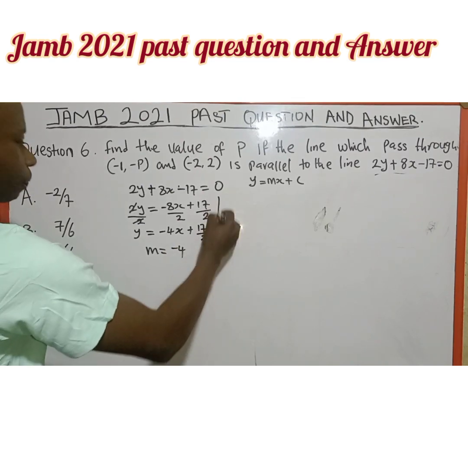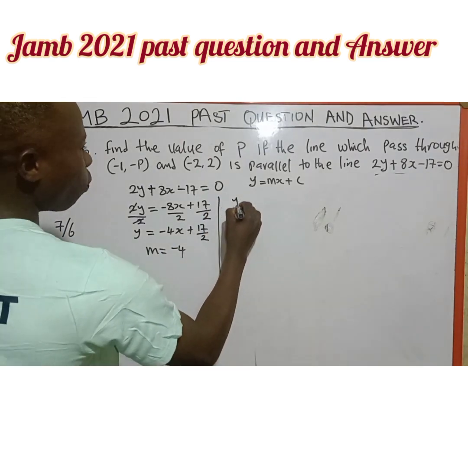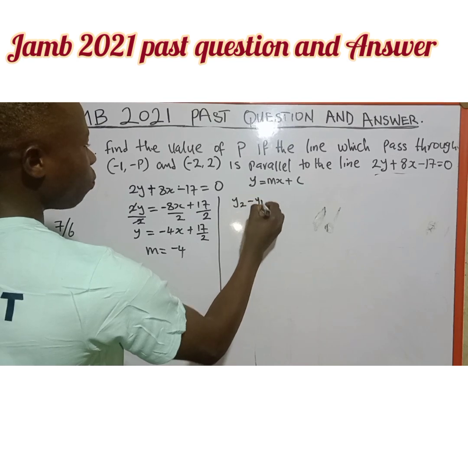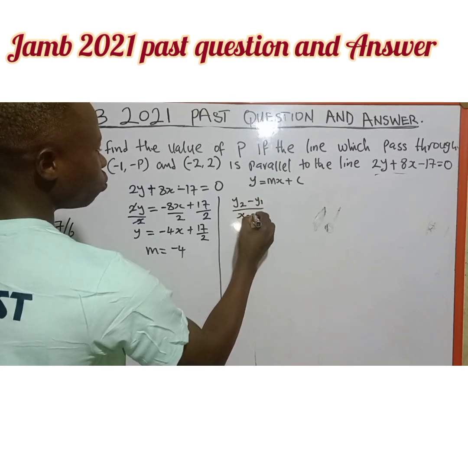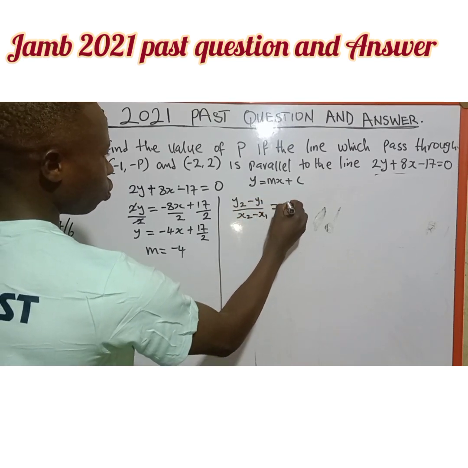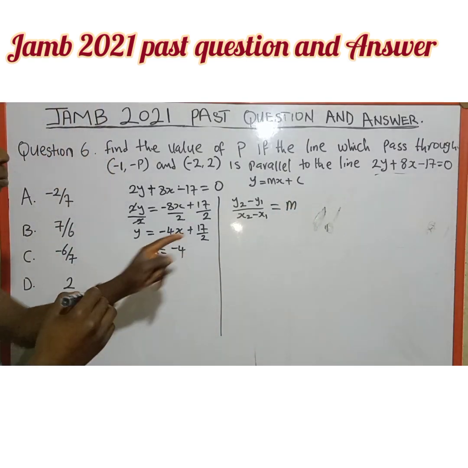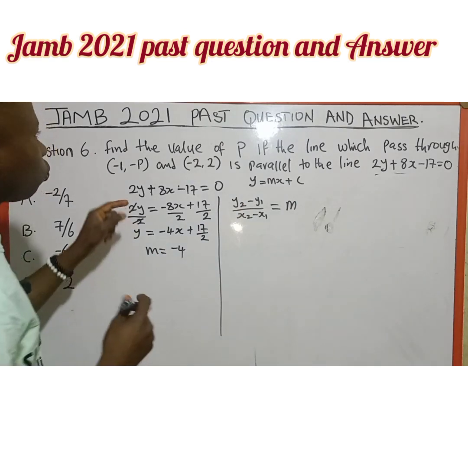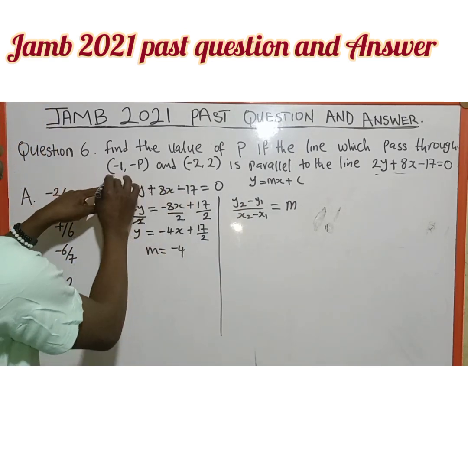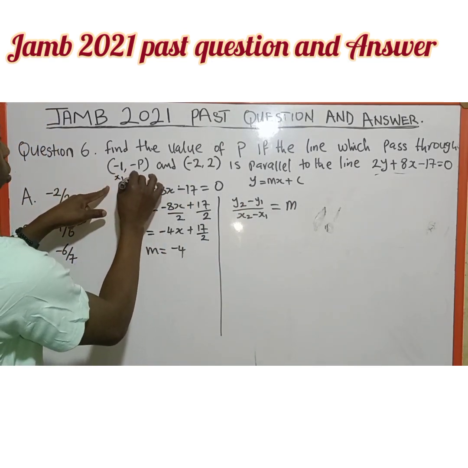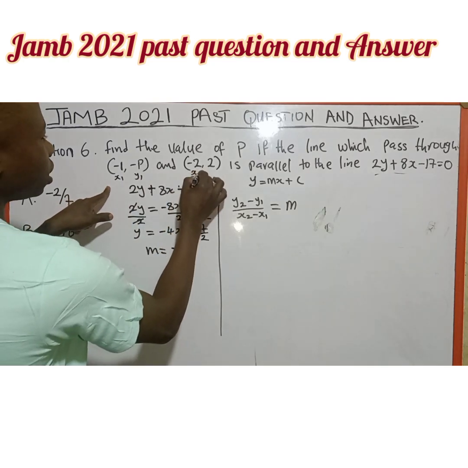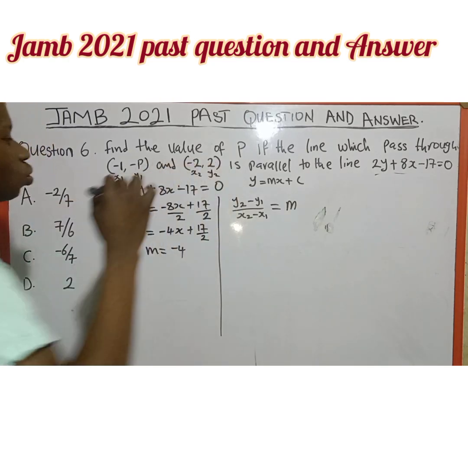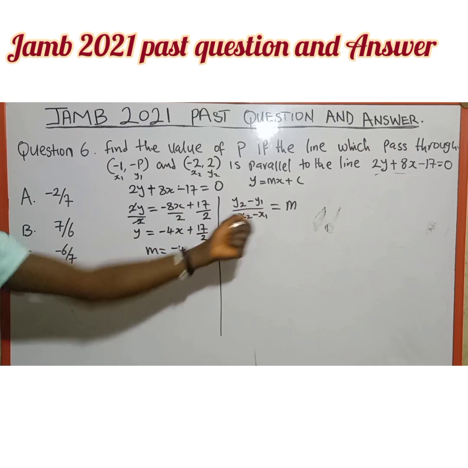And remember, you have y2 minus y1 over s2 minus s1 is equal to m, and my m is -4 already. To get my y2, if you look at this point, we have s1, y1, then point 2 is s2, y2. So let's substitute this into this equation.